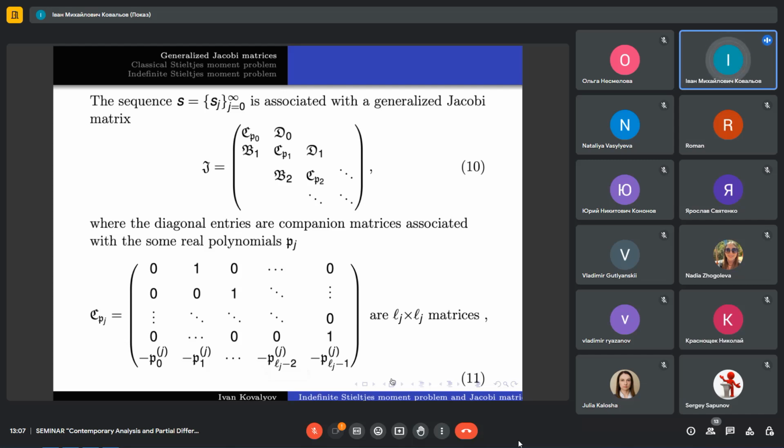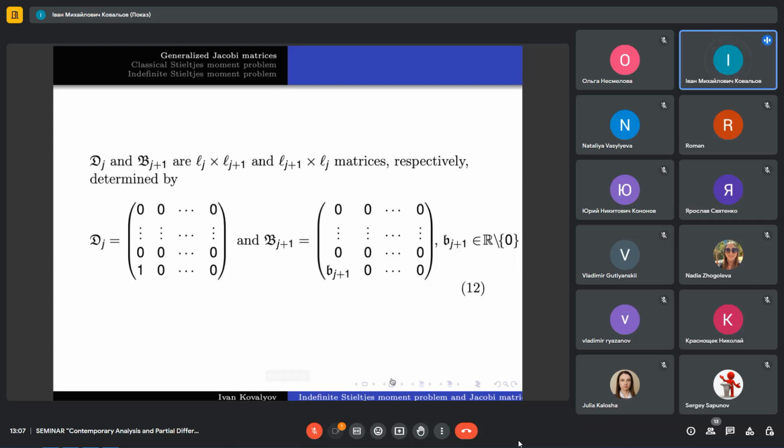In the classical case, the entries of this matrix are constants, but in our case we have block matrices. The diagonal entries are companion matrices associated with some real polynomial p_j, and the other blocks you can see on the following slide.